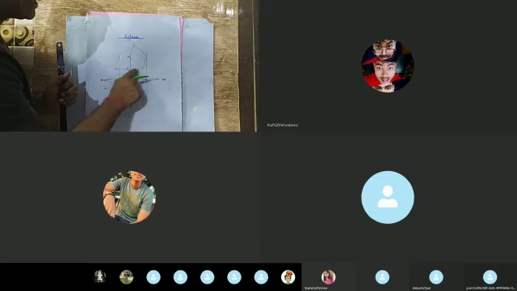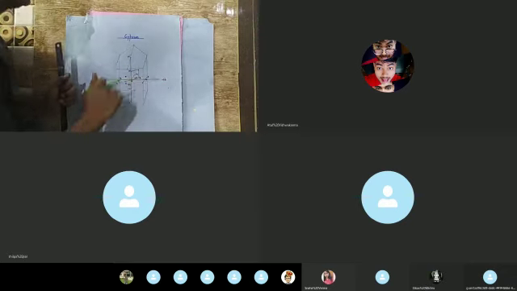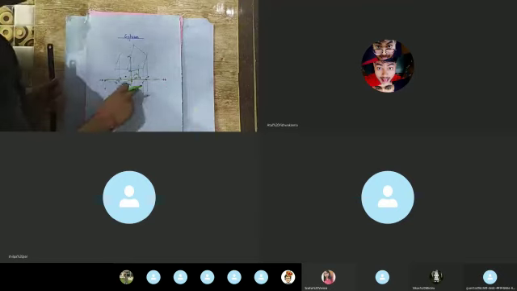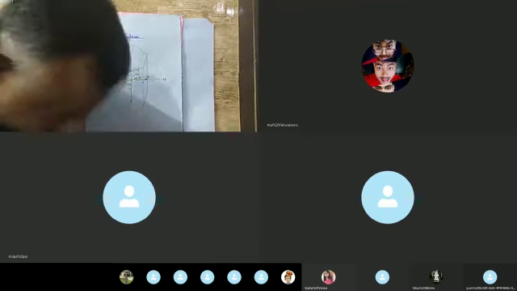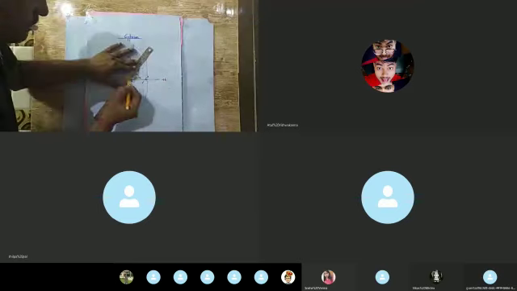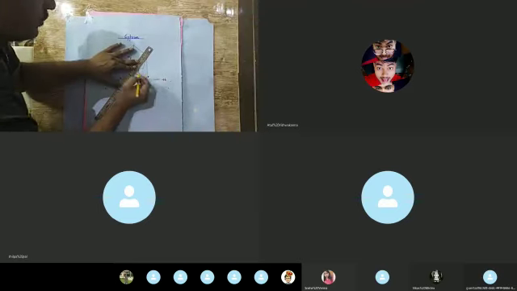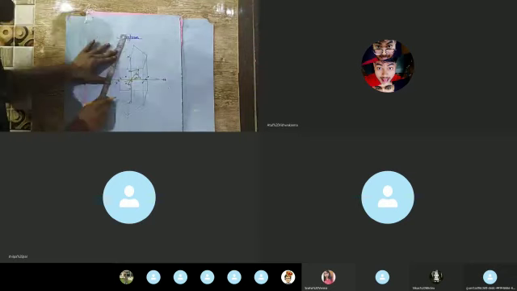So this is parallel to, parallel line of, we will get a parallelogram. Okay. Now join the diagonal of the parallelogram. So we will join the diagonal of the parallelogram. This is the diagonal of the parallelogram.